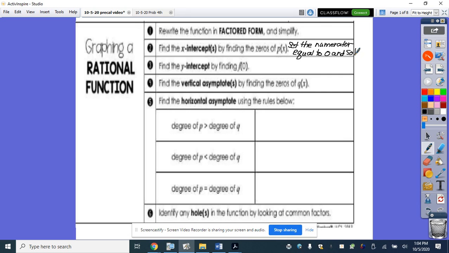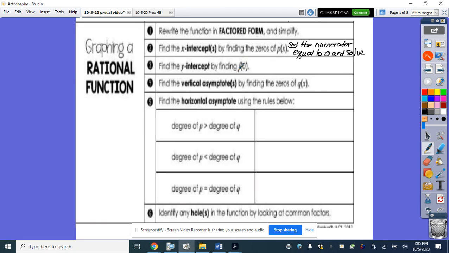In other years, I would assume that you remember that from Algebra 1 and Algebra 2, but I also know that COVID hit last year, and some of you had Algebra 1 and Algebra 2 during COVID, and some of this is not quite as fresh as I would like it to be. So for those x-intercepts, we're going to set that numerator equal to 0, and we're going to solve.